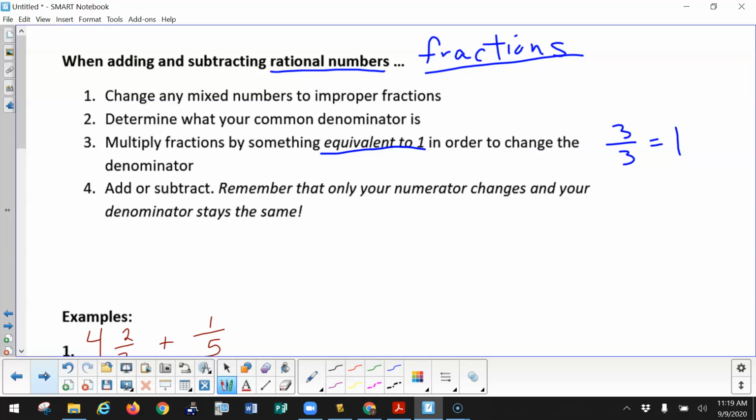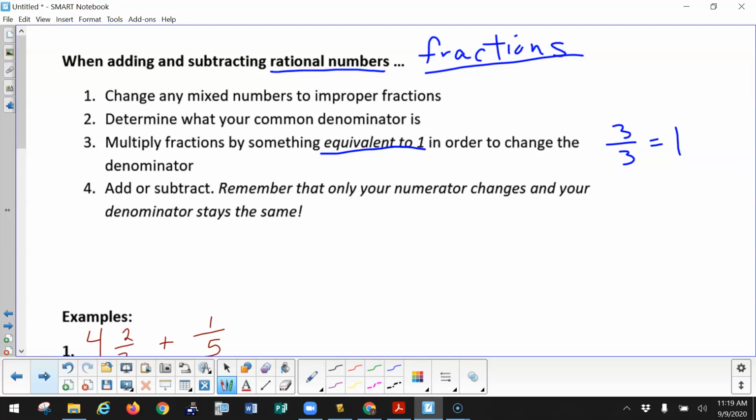Okay, so adding and subtracting rational numbers. So rational numbers, that just means fractions. So you're first going to change any mixed number to improper fractions, determine what your common denominator is, and then from there, you're going to multiply the fractions by something that's equivalent to 1 in order to change the denominator.